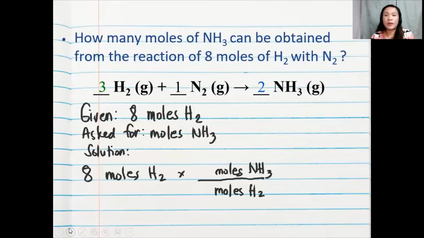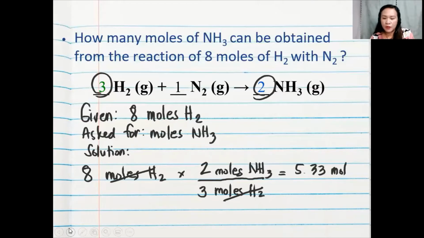Okay, so again, we get the mole ratio from the balanced chemical equation. And so for NH3, we write 2. And for H2, we write 3. So this and this will cancel. And so from this calculation, we now get 5.33 moles of NH3.